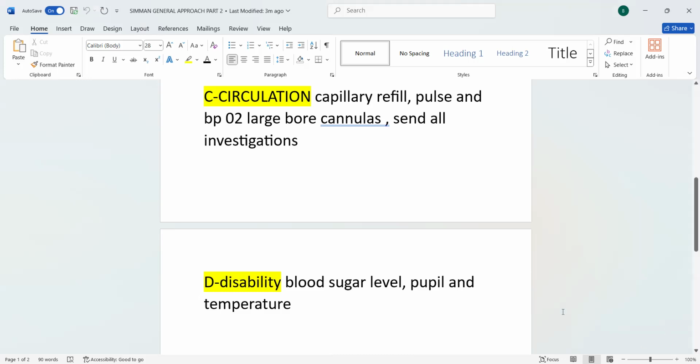So in disability, what we will check is, for example, in morphine overdose, or if the patient is unconscious, it might be that his blood sugar level is low. Then you will have to start management at this point. If his blood sugar is low, you will have to give him dextrose solution, which could be 5%, 10%, or 20%.